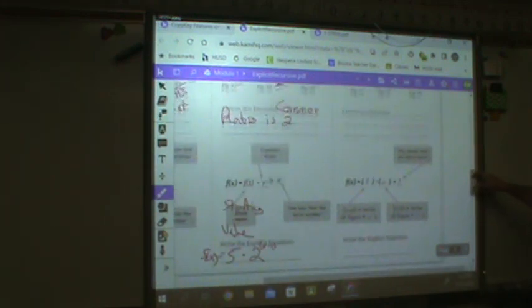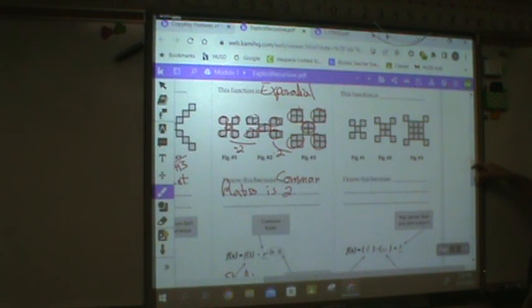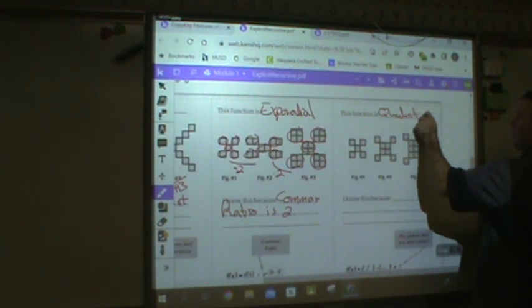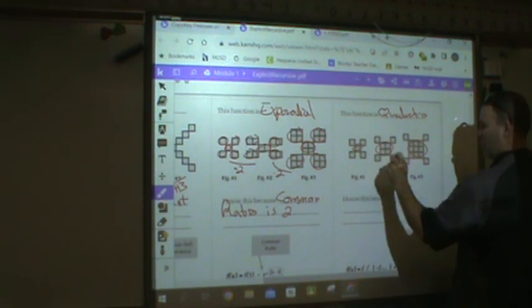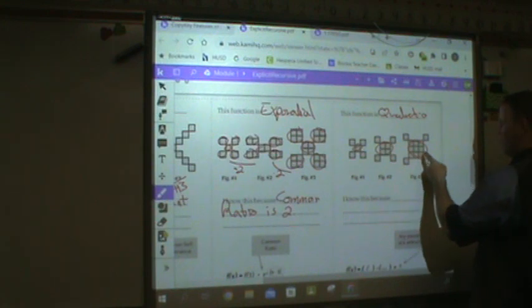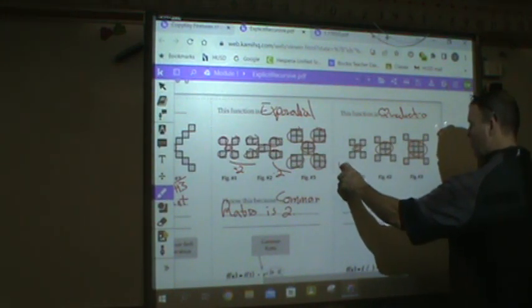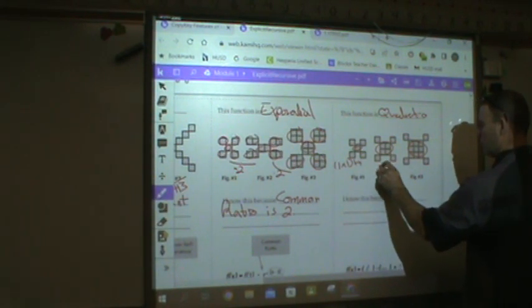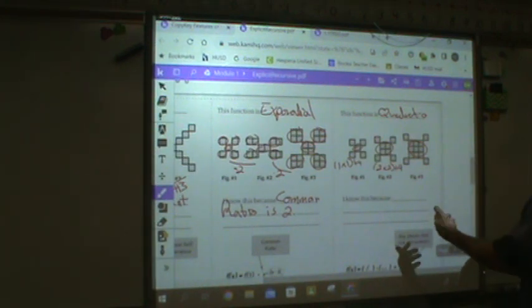And then lastly here, what's happening with this function? You have to look at it. This function is quadratic. Why? Look at the center section here. The center section is 1 by 1, 2 by 2, 3 by 3, and I keep adding 4. Okay? So 1 by 1 plus 4. 2 by 2 plus 4. That actually will help me with my explicit equation.